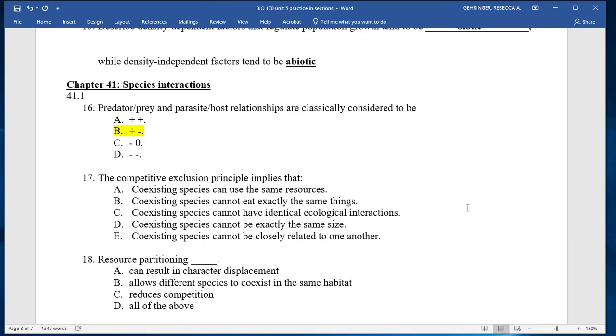Well, that one's kind of tricky. Remember, the competitive exclusion was saying that two species can't make their living the exact same way because one of them will outcompete the other. So the best one for this is C. They can't have the same or identical ecological interactions.